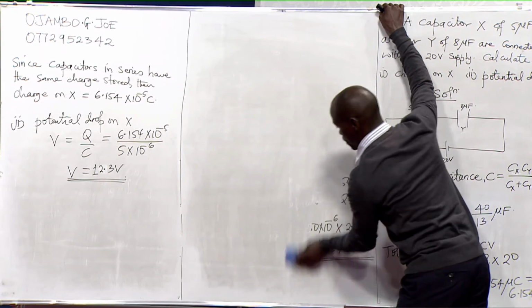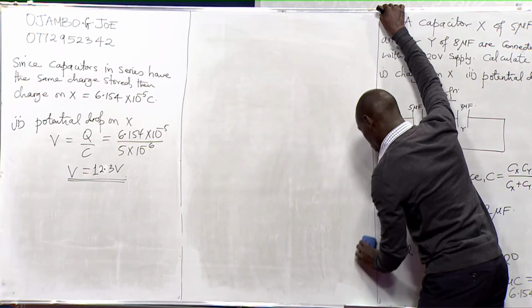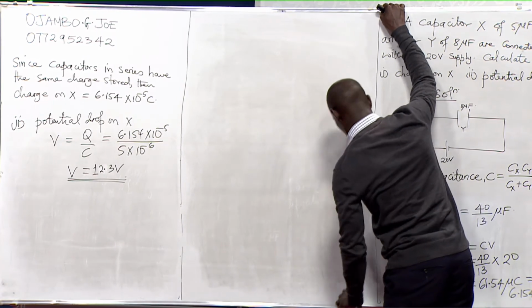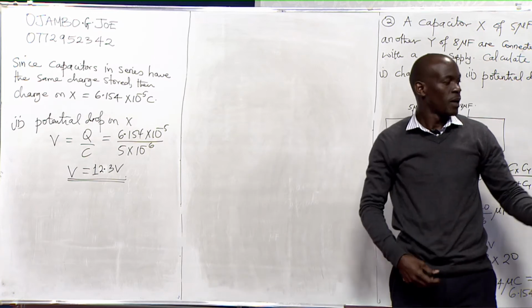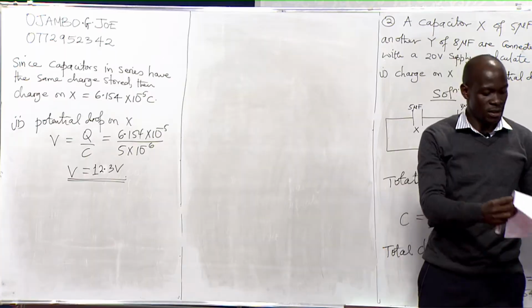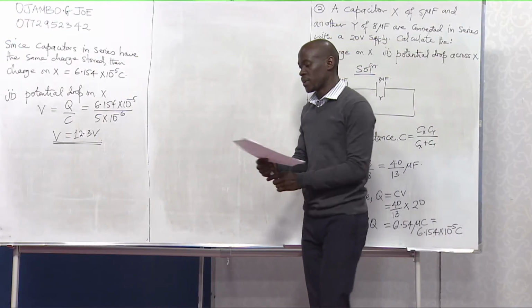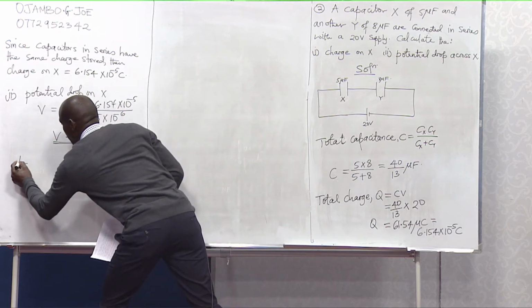Because as you work through, you do not know what they are going to ask you to give or to solve. So the most important thing here is knowing how to play around with each of them. Having discussed that, I want us to look at the next aspect, and that is energy stored in a capacitor.